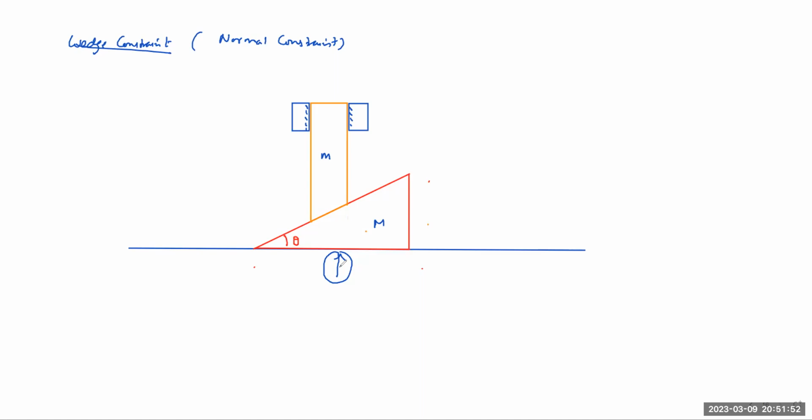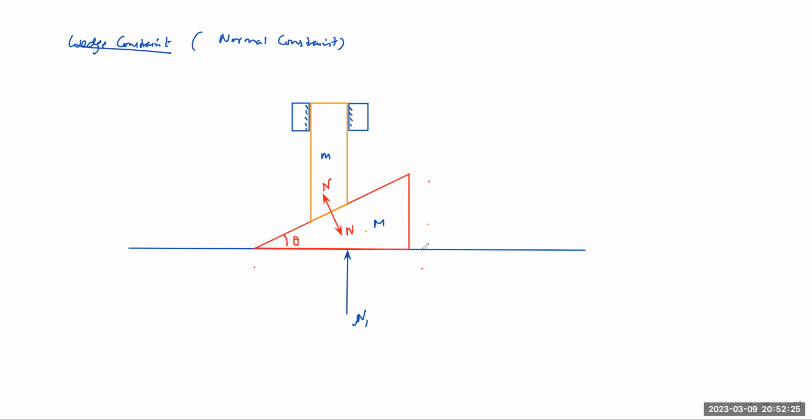So first thing we need to realize is that not all normals are internal. This is eliminated anyway, but still I'll draw it and call it N1. But we can clearly see there is an action-reaction pair between the masses. On the rod it will act this way, but on the wedge it will act this way, correct?